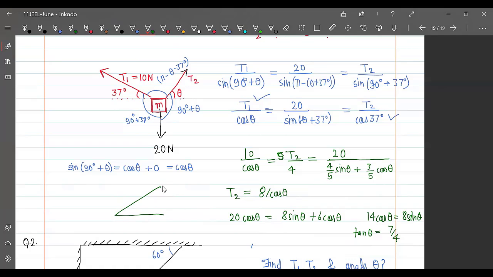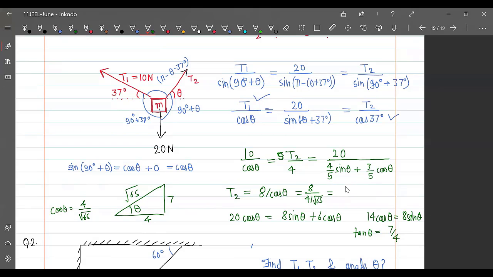That means theta आ गया. Or if tan theta is 7 by 4, I can find the value of cos theta. So 49 plus 16, that will be root 65. So यहाँ से cos theta आ जाएगा 4 by root 65. So cos theta को यहाँ पे put कर देंगे. 8 divided by 4 by root 65.